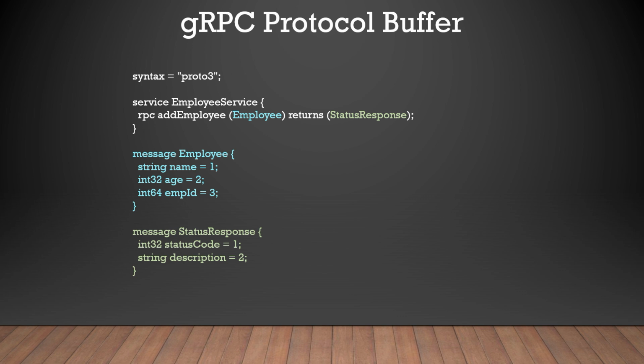So whichever application calls the server, it will send an employee and get a status response object. Since we have defined the objects here, we have to define the structure of those objects. We are saying that message employee has name, age and employee ID with their specific types and the order defined here. In the same way, status response is a complex object again, and it has two fields, status code and description.